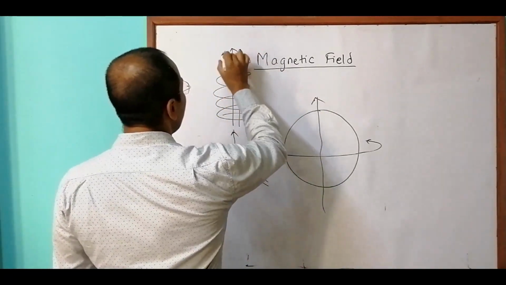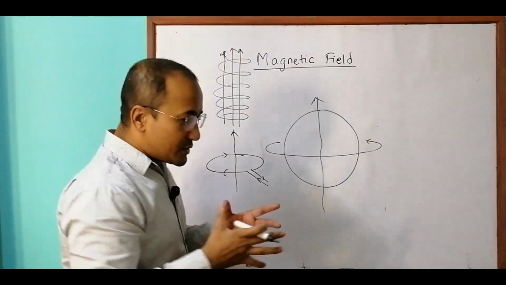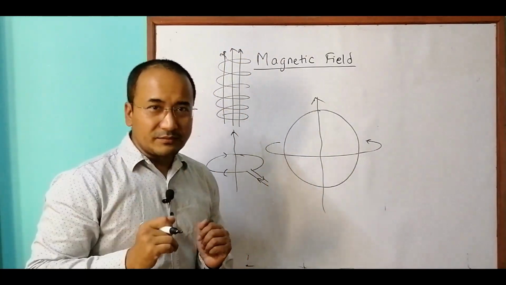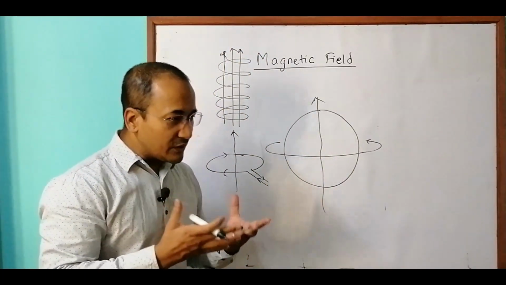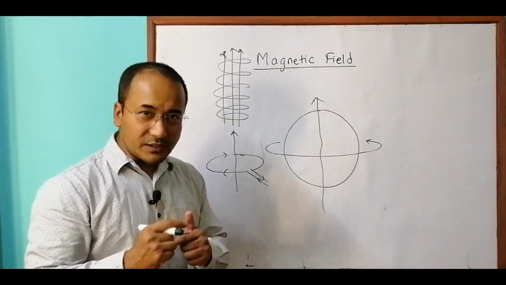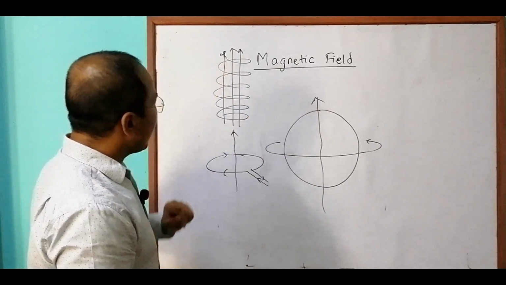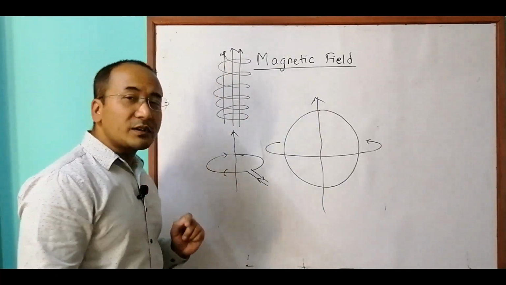At your age level, everybody knows this. You studied about solenoids in class 9 or 10, and even how to increase their magnetic field by increasing current, by increasing the number of turns, by decreasing the diameter, and so on. So here also we have got a magnetic field.